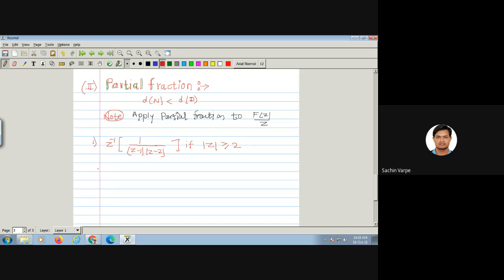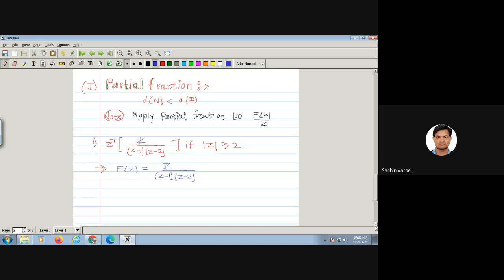So to apply the partial fraction, let us follow the note I have given. What does the note say? F(z) upon z. What is F(z)? Actually, F(z) is z upon (z minus 1)(z minus 2).